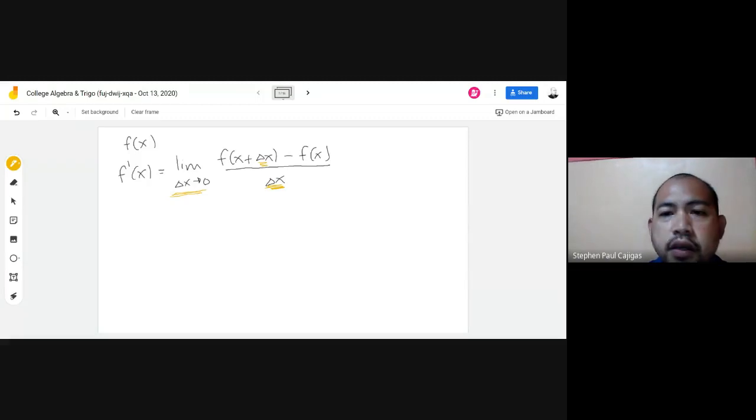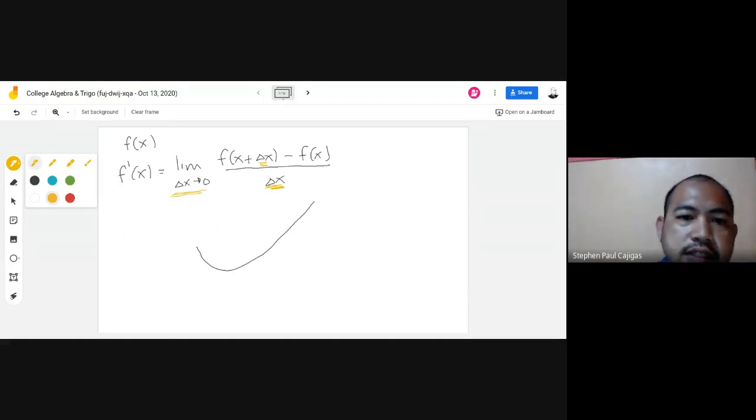Okay. So one way of thinking about the derivative is if we have a function and its graph is somewhat parabolic. Calculus started in the time of Newton and Leibniz.